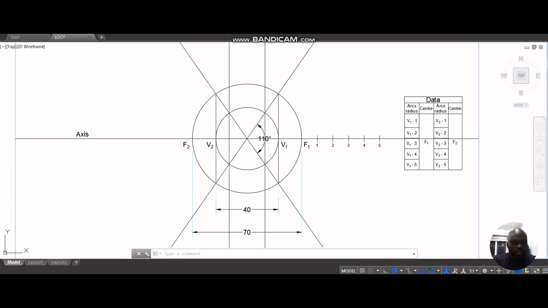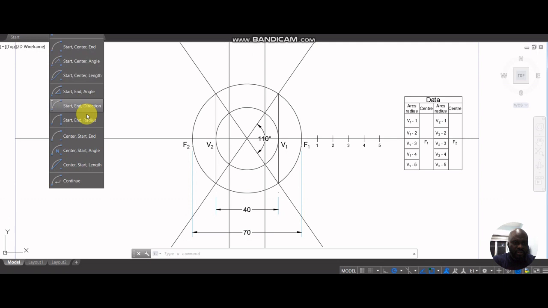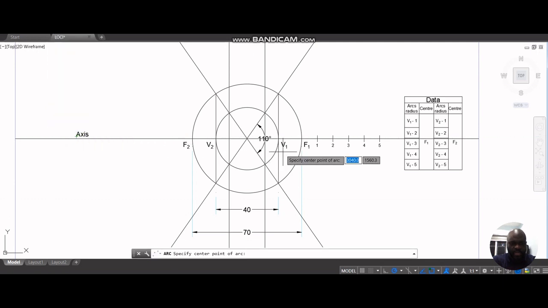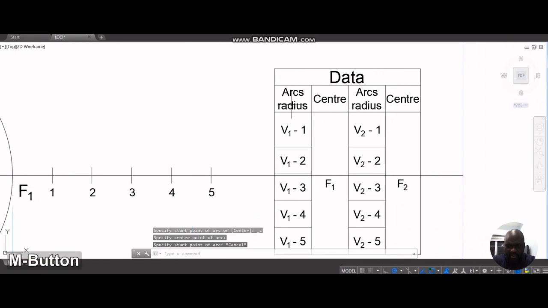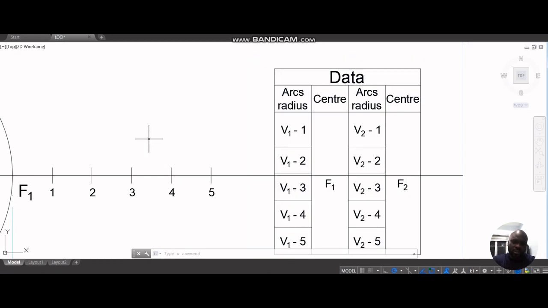To begin with, we would have to take distances from V1 to 1, like what I have here. I'm taking arcs from V1 to 1, and then taking center as F1. I'm going to the next point, V2 to 1, and then taking center as F2 to cut the previous arc.